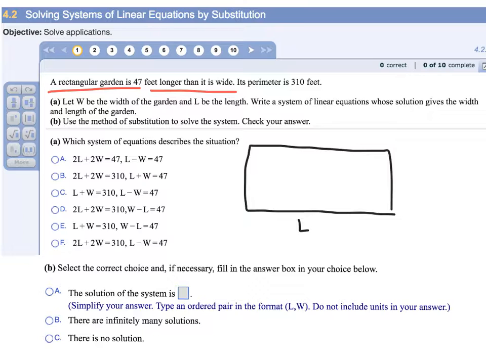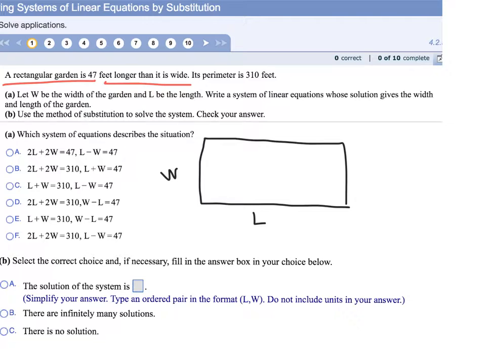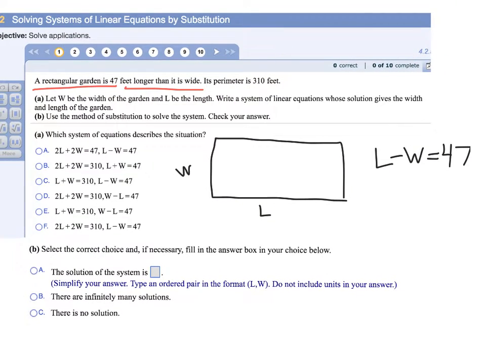This is your length, this is your width, and because the rectangle is 47 feet longer than it is wide, we know, because it says so, that length minus width is equal to 47. The rectangular garden is 47 feet longer than it is wide. So there's that first equation.